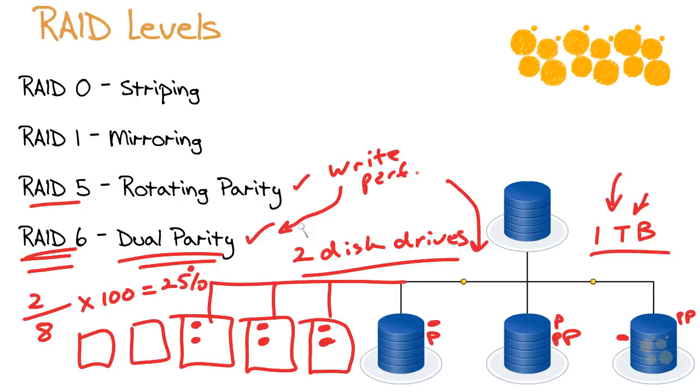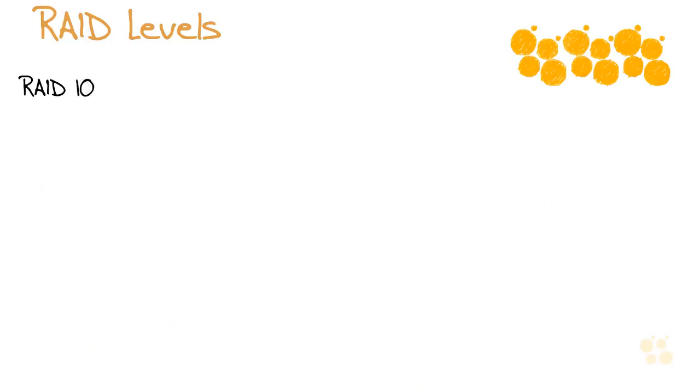So from a performance perspective, is there anything better than we could do than RAID 6? Yeah, we could engage in the next level of RAID that we want to talk about, and that is called nested RAID. Nested or hybrid RAID is RAID 10. You'll often hear people say this is RAID 1 plus 0.